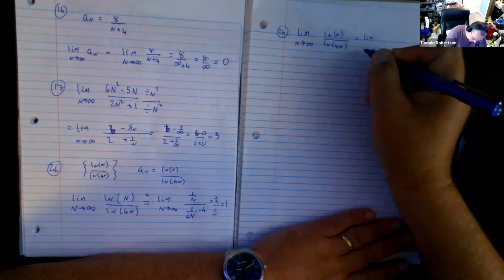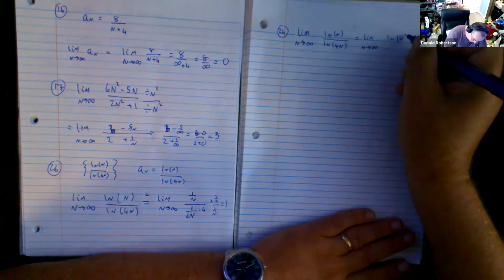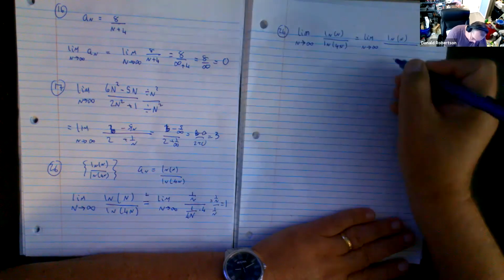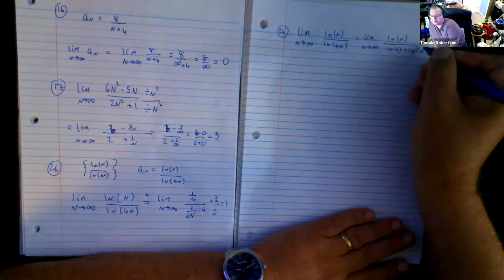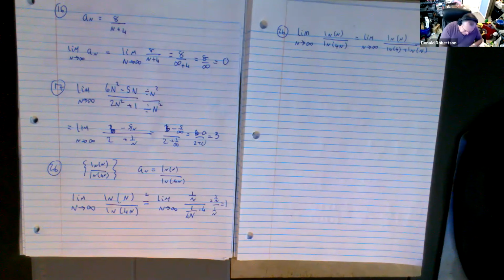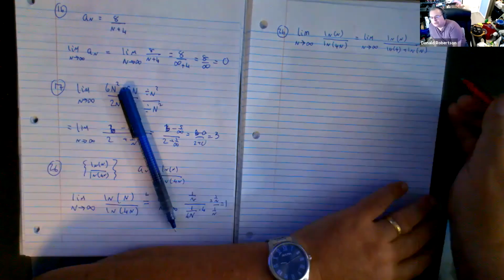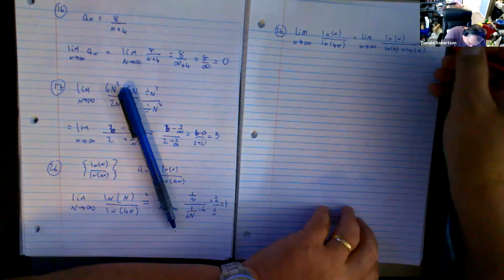I don't think it's a very efficient way, but that doesn't make it wrong. The first thing they did is they might say, well, I'm going to split it like that. And then you know, you can divide the top and bottom by n or n squared. But really, there's no reason why you can't divide the top and bottom by anything you like. And so I'm going to divide the top and bottom by the natural log of n.